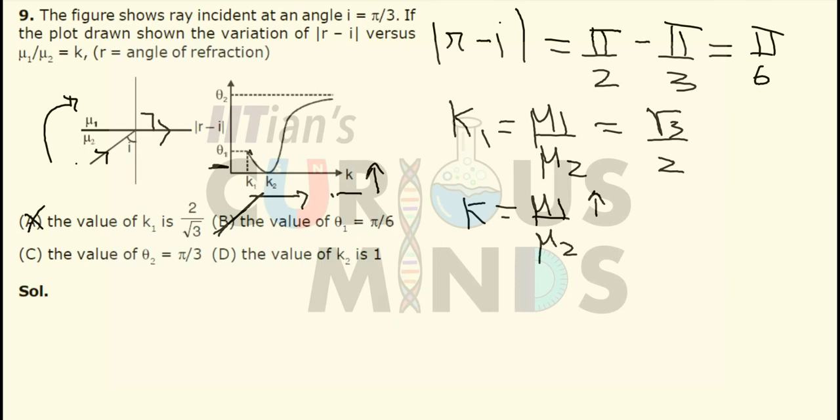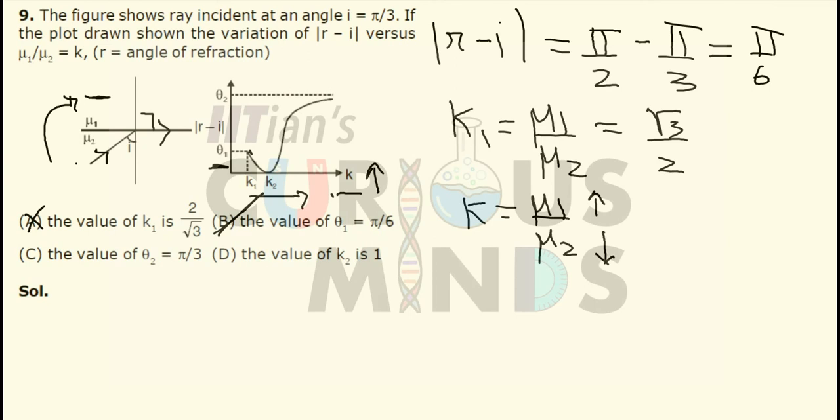That is, the medium in which the refracted ray occurs is becoming denser and denser as compared to that of mu2. In the second scenario, mu1 remains constant and mu2 goes on decreasing.